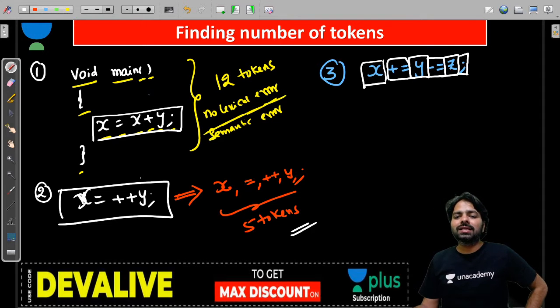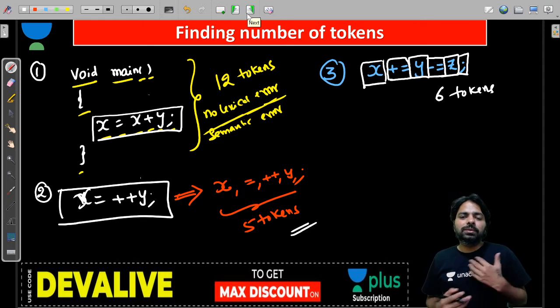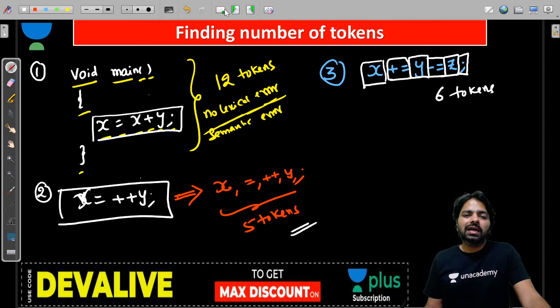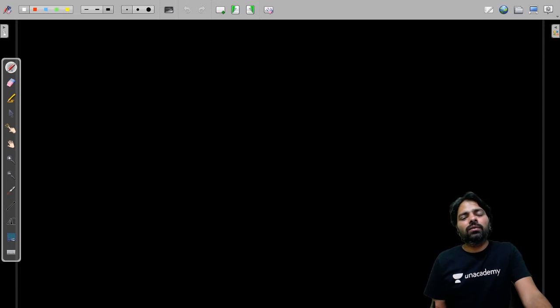How many tokens are there? 6 tokens here.